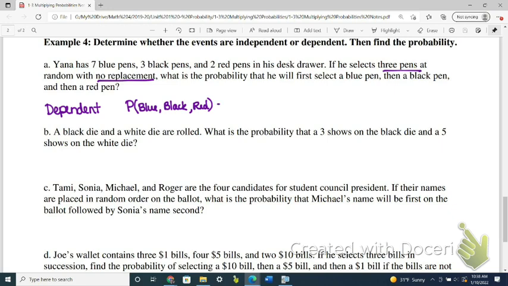So the probability of getting a blue pen is 7 out of 12. Now he only has 11 pens. Probability of getting black is 3. And he only has 10 pens left in the drawer. Probability of getting red is 2. So this is 42 over 1320, which is 3.2%.